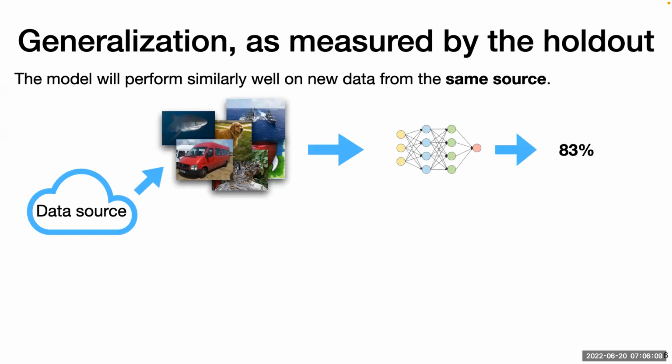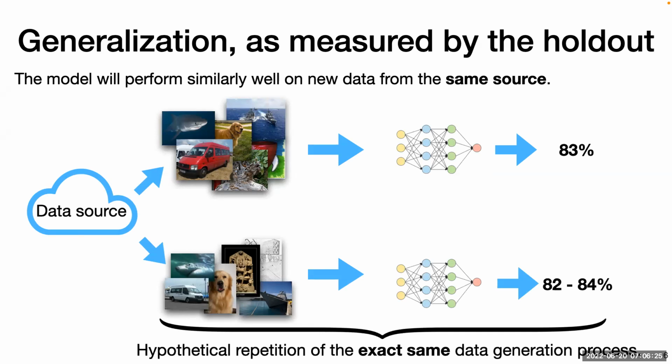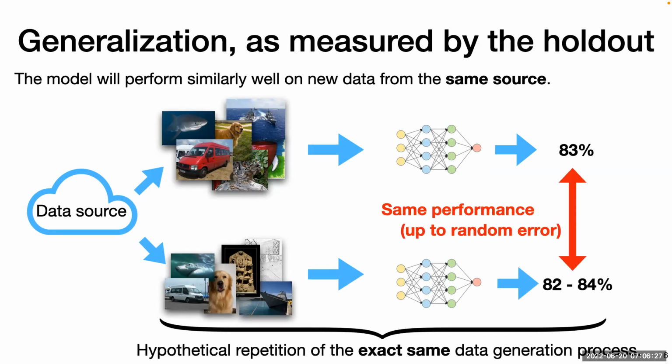If we repeated the same experiment, we drew a new set of images from the same data source, following the same process, feed this again into the same neural network, then we'll get roughly the same accuracy back. Not exactly, because this is a random process, but up to statistical noise, we know that these 2 numbers will be close. But the big assumption here is that this only holds as a rigorous guarantee if we really repeat the exact same data generation process.